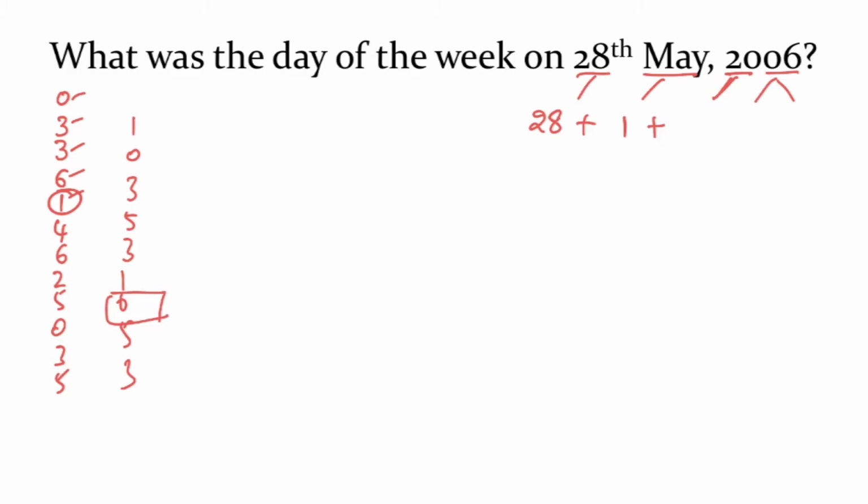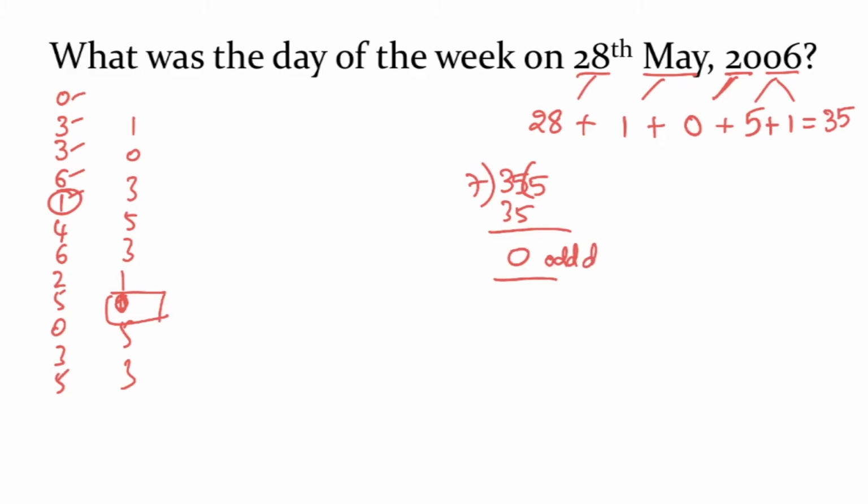For the current century, code is 0. So century code 0 plus it is 6th year running, 5 years are completed, and how many leap years are completed? Only one, that was in 2004. Together 28, 29, 34 plus 1, 35 days. 35 days are equal to 5 weeks plus 0 odd days. 0th odd day or 7th odd day is Sunday. Answer is Sunday.